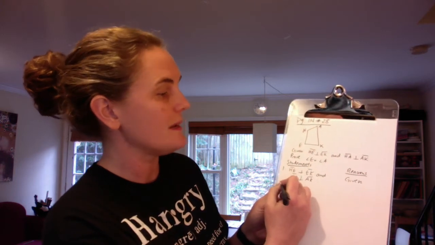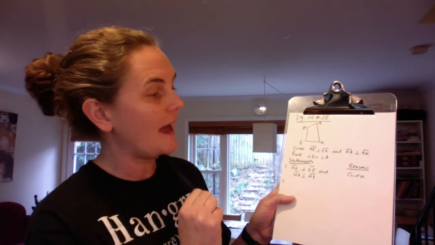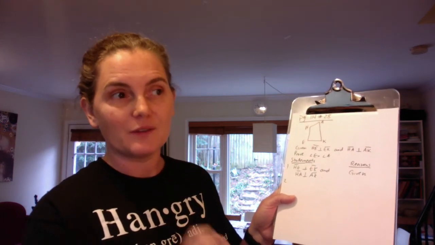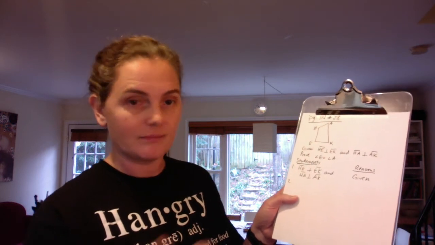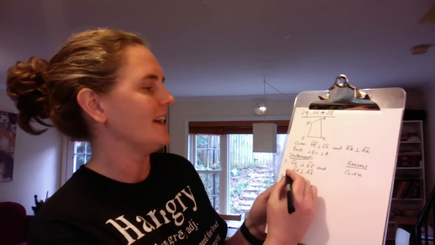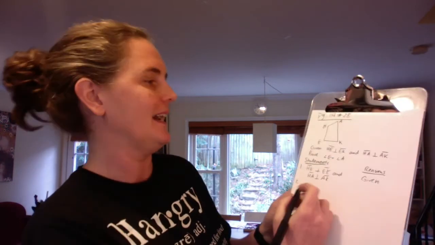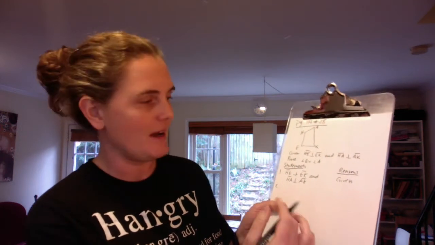Okay, so you have just been given 2 sets of perpendicular lines. So that should tell you something, that if you have 2 perpendicular lines, then they form a right angle.